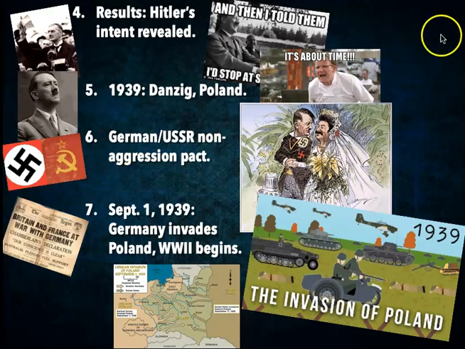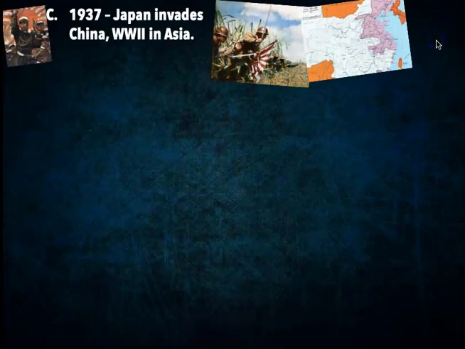Okay, and then where we'll finish this off is over here with letter C, which does follow along with the outline. All right, and this is one thing that a lot of people always lose sight of. We always talk about September 1st, 1939, the beginning of World War II.